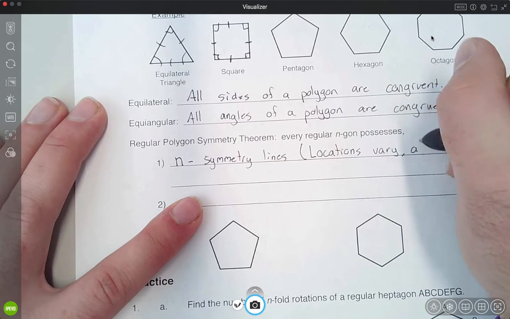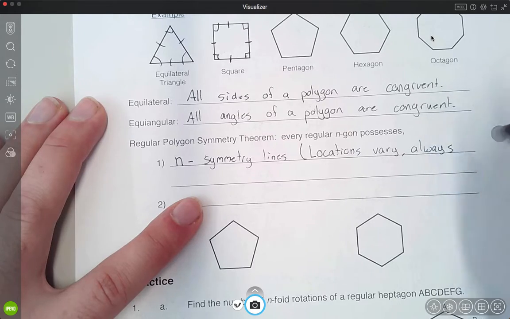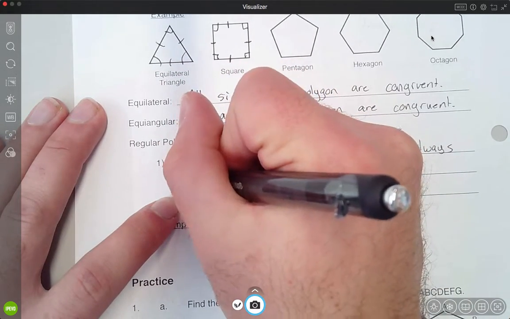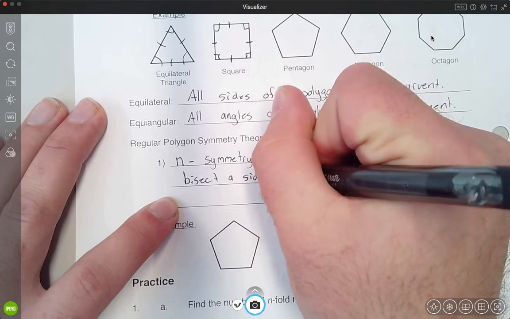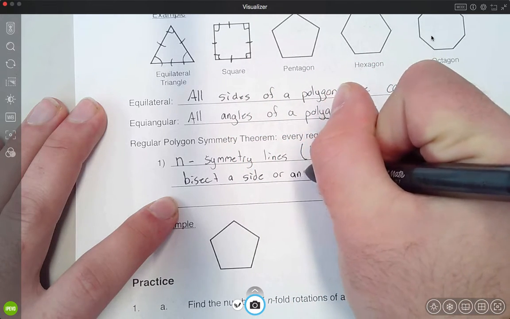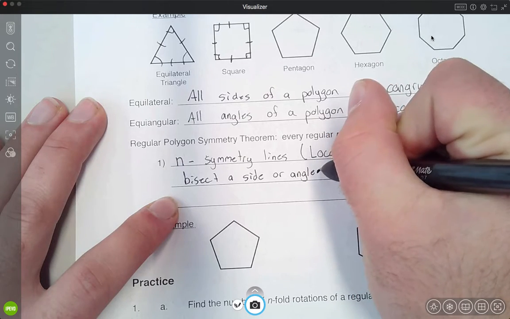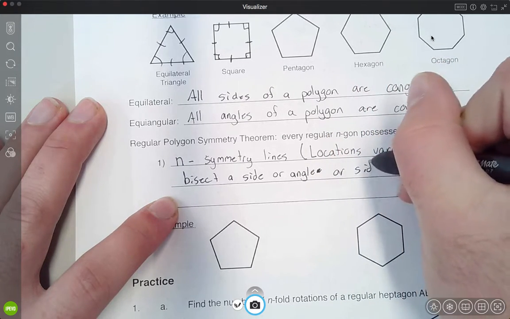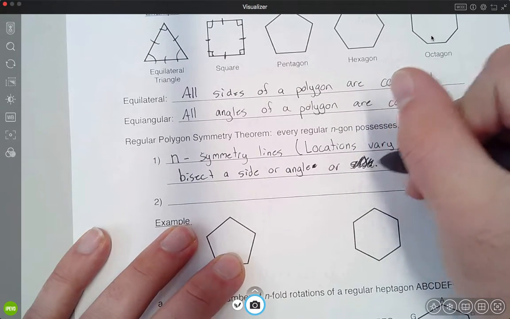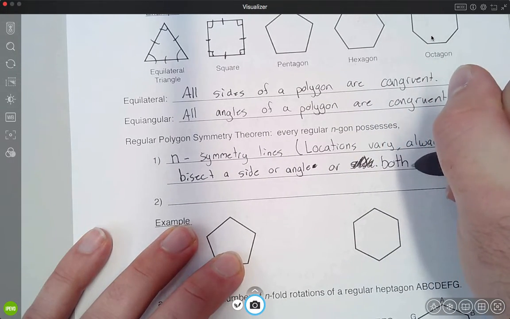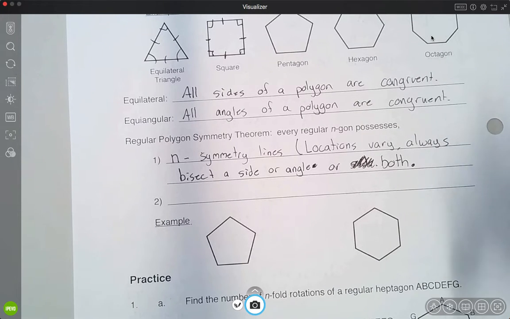Those lines are always going to bisect a side or an angle, or there are some that actually do both. They bisect a side and an angle. Okay, so I bisect either a side or an angle, or I bisect both.